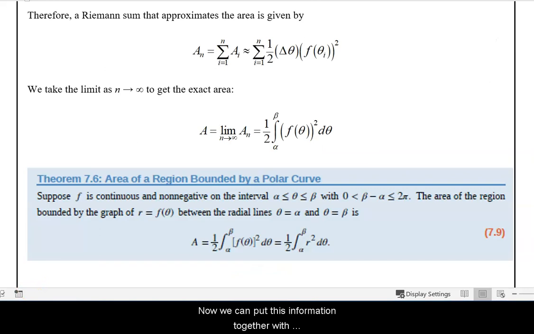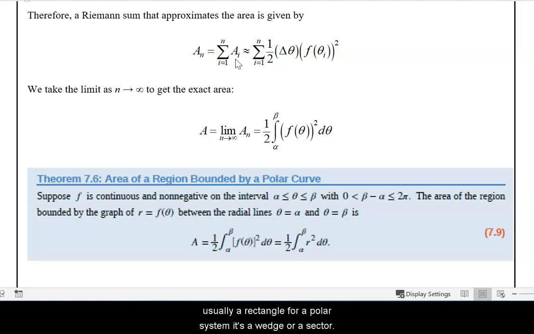Now we can put this information together with what we know about Riemann sums to find the area bounded by a polar curve. Remember that the area of the n shapes that are used to produce it is the area of each individual shape. For a rectangular system, each individual shape was usually a rectangle.